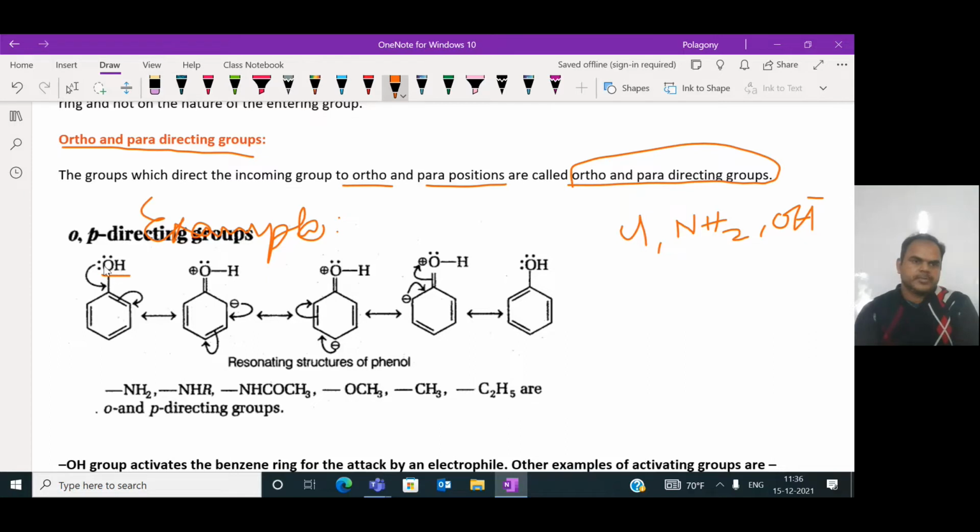As you know, the OH functional group has lone pairs of electrons. These lone pairs undergo resonance with the pi electrons. OH acts as an electron releasing group because the lone pair electrons are given into the ring.